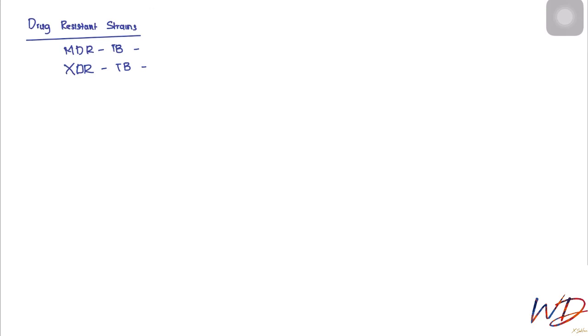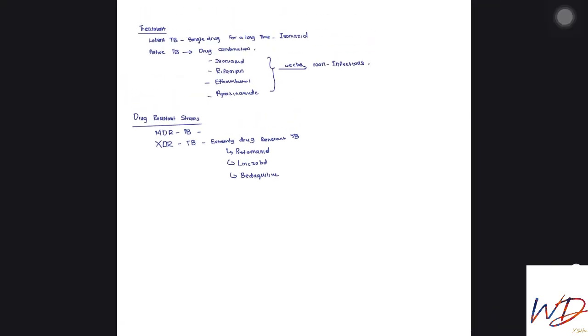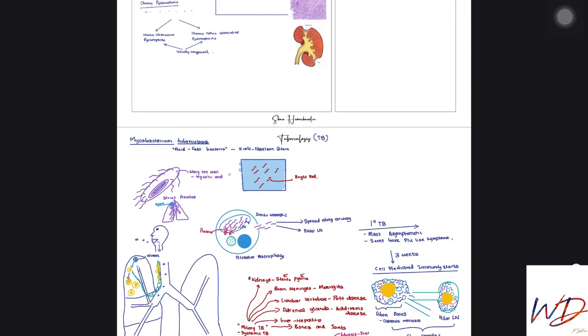The extremely is written as X, XDR TB. So for XDR patients, we give prothionamide, linezolid, bedaquiline. So these drugs in combination are given to these patients. That is it for TB.